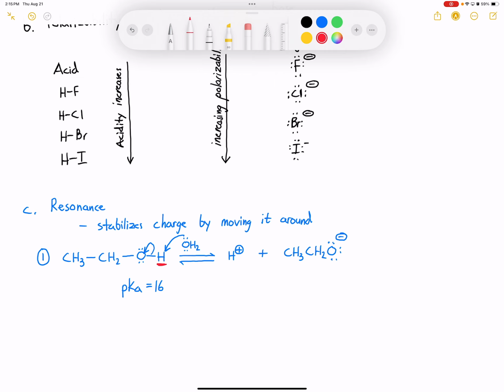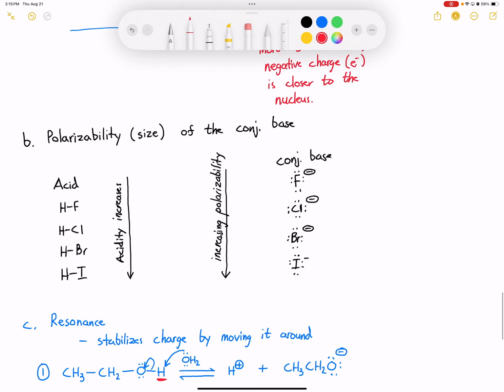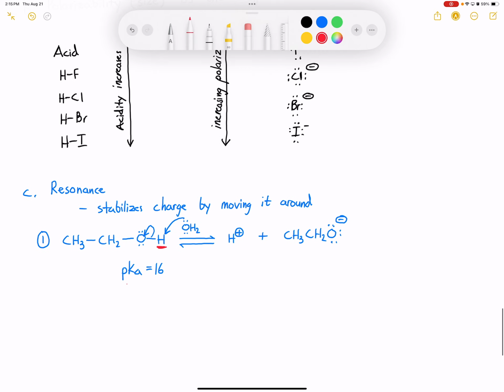Let's revisit what a pKa is: a measure of how strong an acid is.